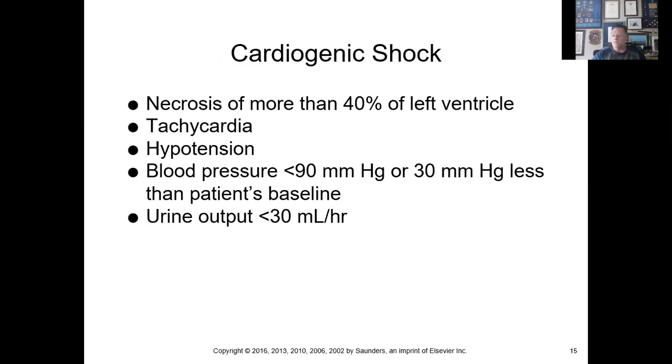Cardiogenic shock. Now you've gotten to the point, if you actually had a patient that's had a full-blown MI, you get them in there and they have up to 40% of their left ventricle, not necessarily necrotic, but it can be stunned. And if it's left untreated, patient goes into shock. In other words, the heart muscle is pumping like this because it's hurt.